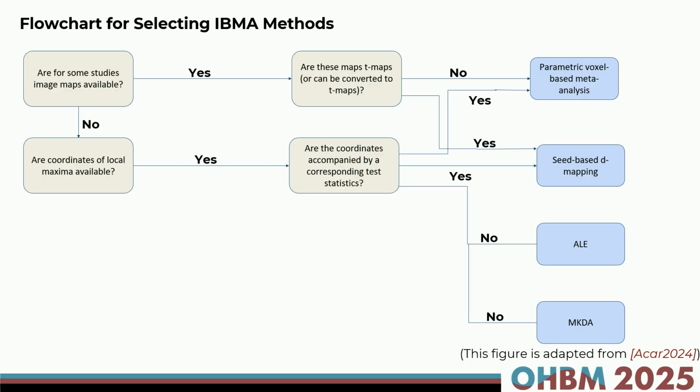And the final step is, are the coordinates of local maxima available? And we also want to ask ourselves, are the coordinates accompanied by corresponding test statistics? If the answer is yes, we move to parametric voxel-based meta-analysis. If the answer is no, we use a CBMA method like ALE or MKDA.